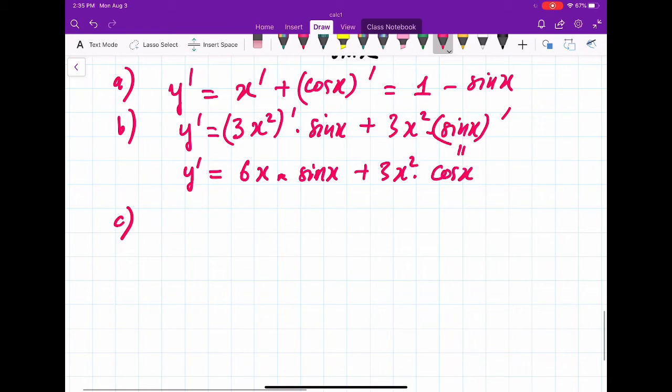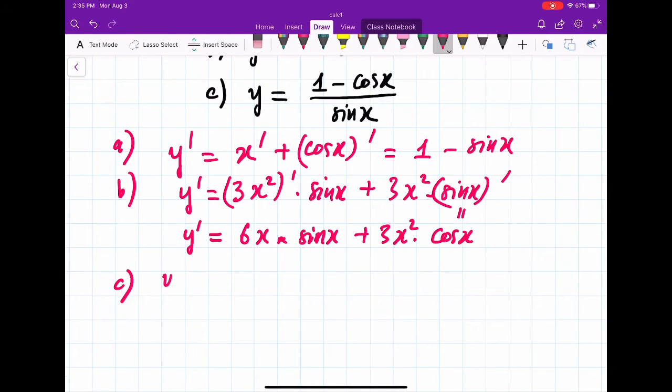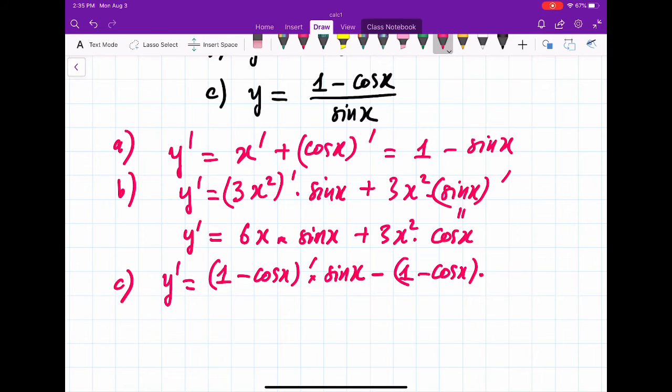For the last problem, you might use the quotient rule. So let's use the quotient rule. Okay. So I have the derivative of 1 minus cosine x times sine x, minus 1 minus cosine x times the derivative of sine x, over sine squared x.